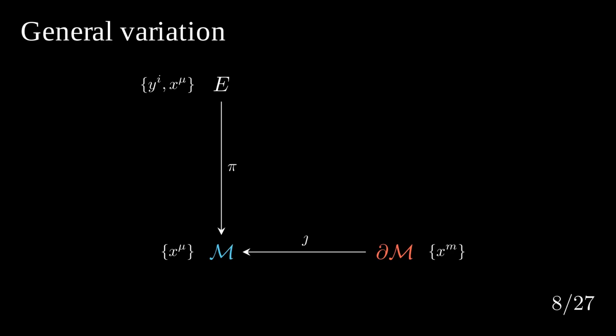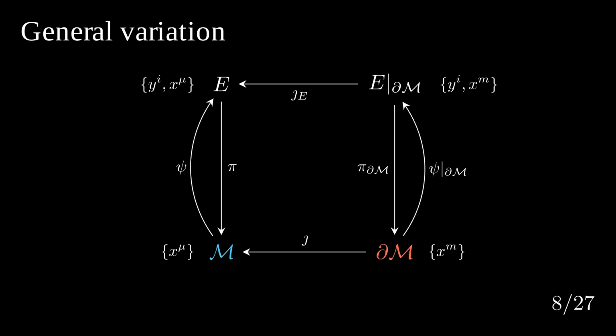With this diagram, we can compute the pullback bundle, which is just the restriction of the locally trivial fiber bundle to the boundary, which has these coordinates. We can take one section psi on the bulk, and this canonically restricts to a section on the boundary.